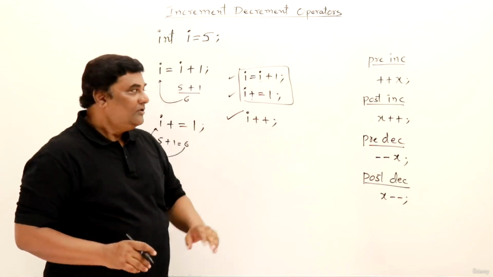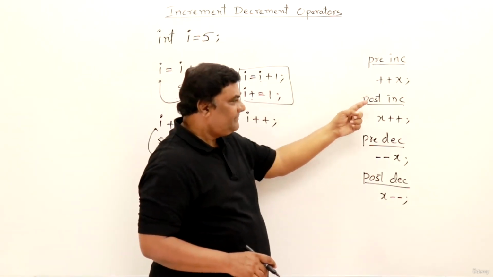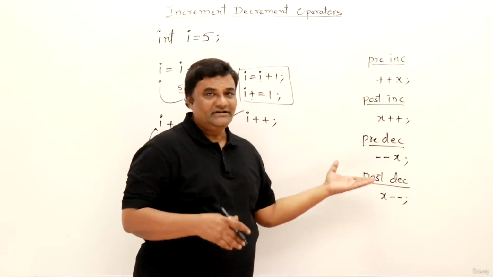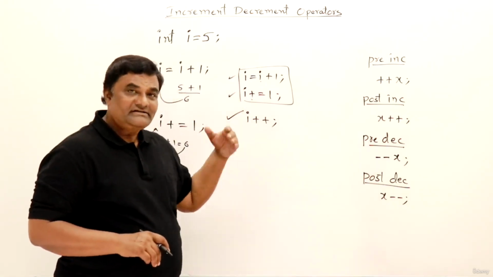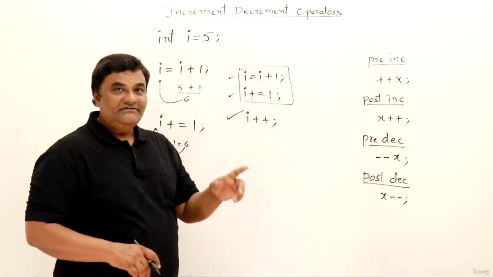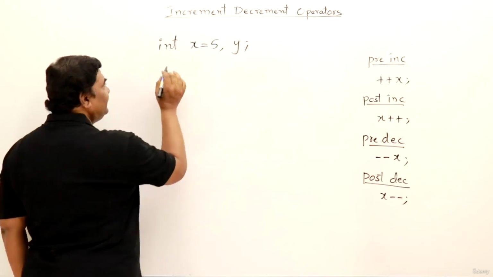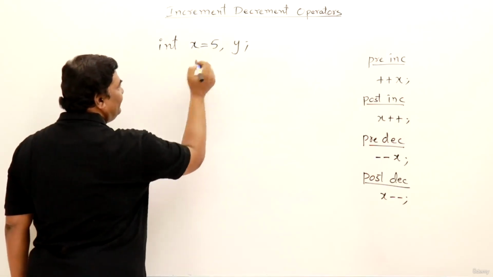Now I will show you what is the difference between pre-increment and post-increment. So once we understand this, I don't have to explain this one, you can understand by yourself. Now let us see the difference. I will remove this and I will take a different example and show you. So here I have an example. Let us understand pre-increment and post-increment. I have a variable x having value 5.